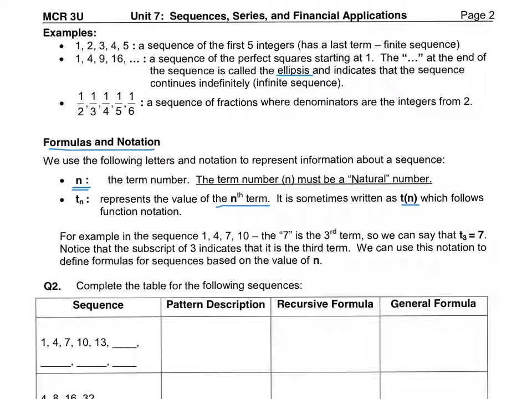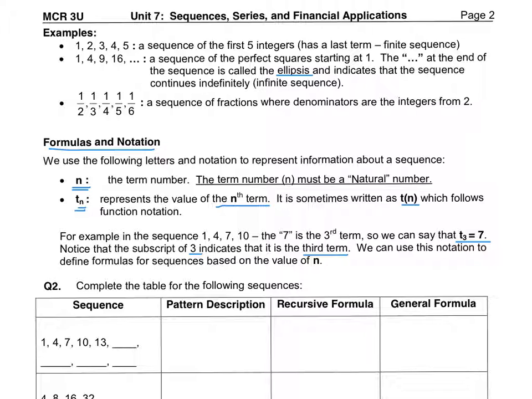More commonly, though, you'll see it written as a subscript n. So for example, in the sequence 1, 4, 7, 10, the 7 is your third term, so we can say that t3 is equal to 7, or term 3 equals 7. Notice that the subscript of 3 indicates it's the third term. So just make sure that you understand that information.